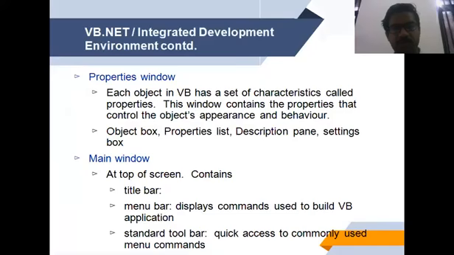It has an object box, properties list, description pane, and settings box. The main window, at the top of the screen, contains the title bar, menu bar, and standard toolbar. The menu bar displays commands used to build a VB application. The standard toolbar gives quick access to commonly used menu commands.